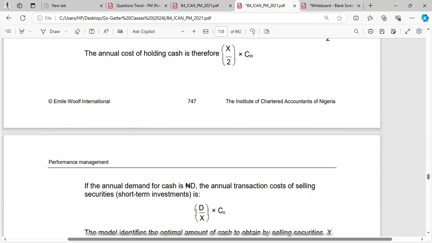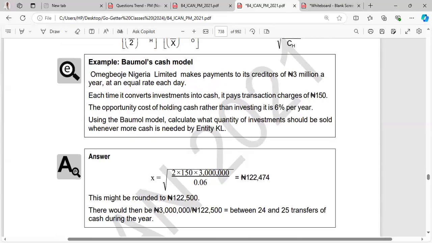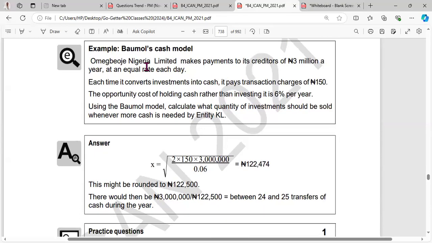So if you look at an example here, Omegbegbe Nigeria makes payments to its creditors of 3 million a year. So this is the annual demand, your D, at an equal rate each day.